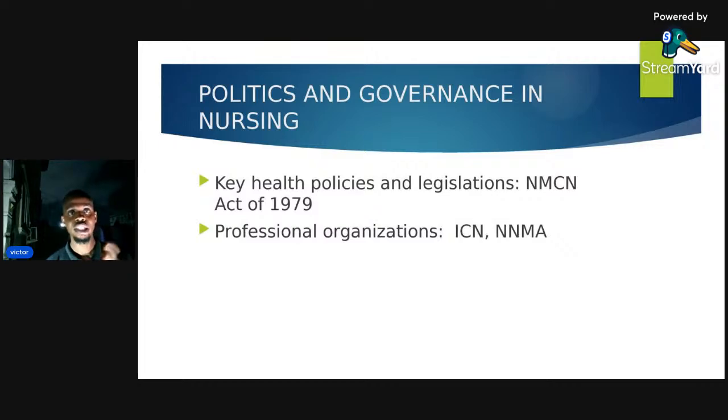This aspect is about the functions of this body. For example, the NMCN carries out licensing, registration, and accreditation. Without the NMCN, no institution will be accredited. So you have to know about this also.